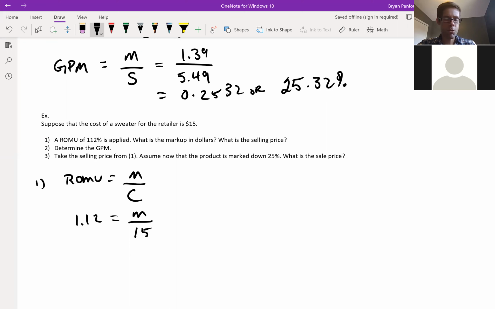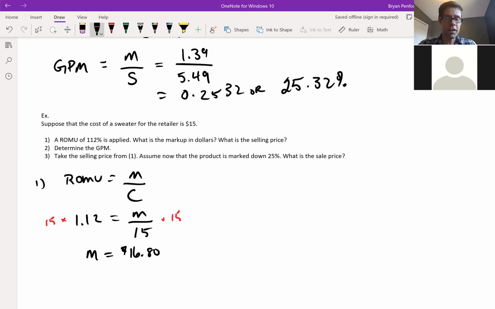So that's looking pretty good for this first bit. If I multiply both sides by 15, that should do the trick. That should give us our markup in dollars. So 15 times 1.12 is $16.80.